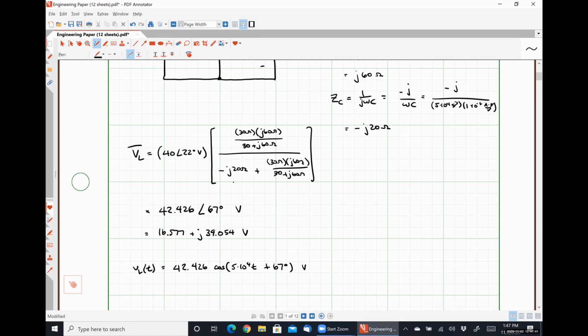If we look at what's going on right here, this negative j20 ohms in the denominator of our voltage division equation is making that denominator smaller than the numerator, which makes sense then that we should be making our signal bigger. So, all right. Any questions on this particular problem? Any of this circuit analysis, what limited circuit analysis we did, not make sense?